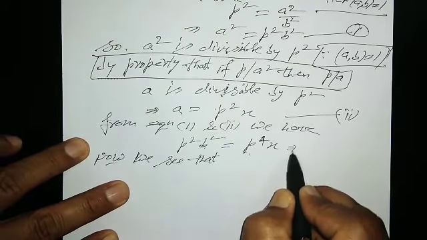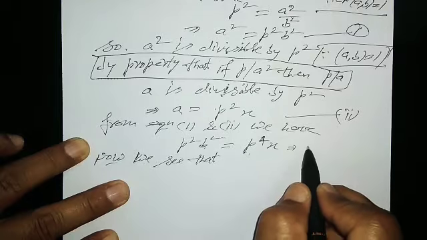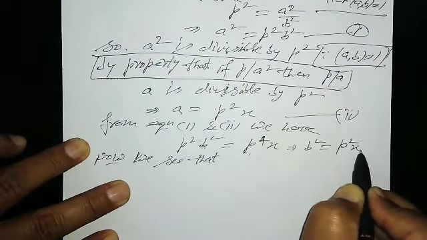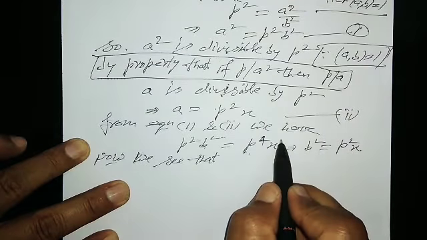So this can be written as b square equal to p x square.